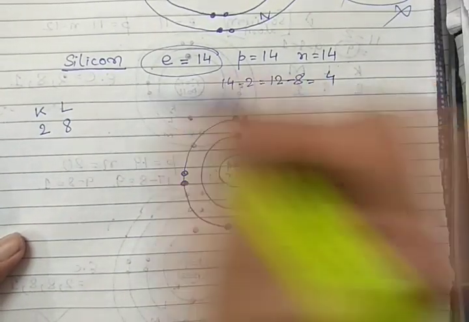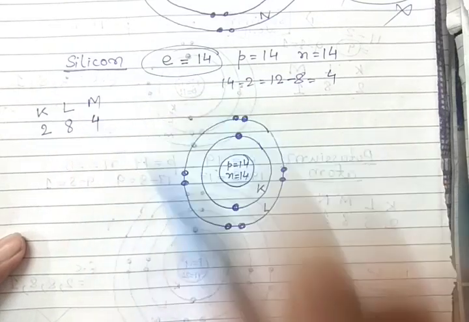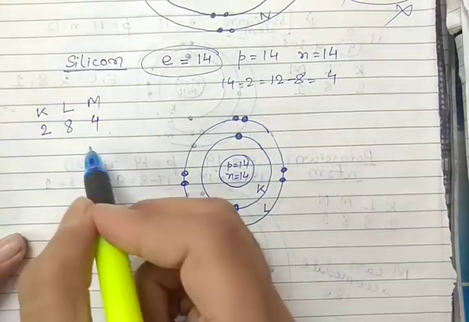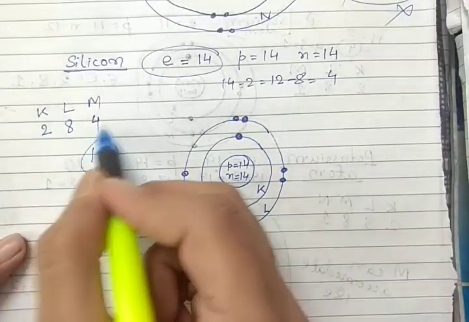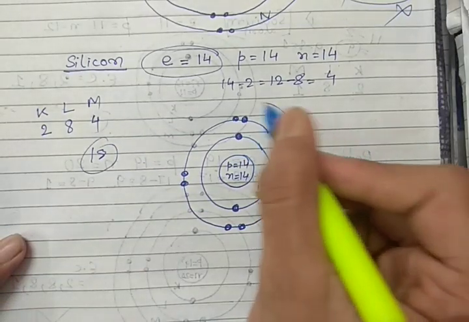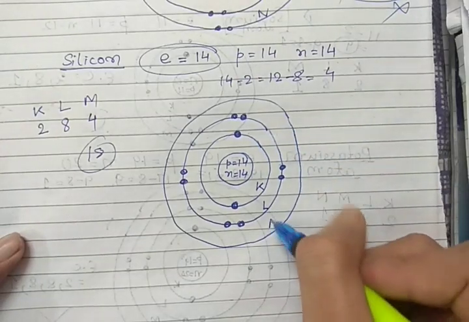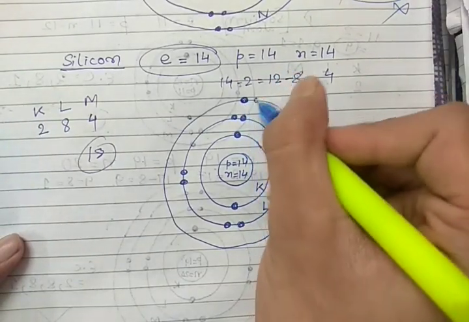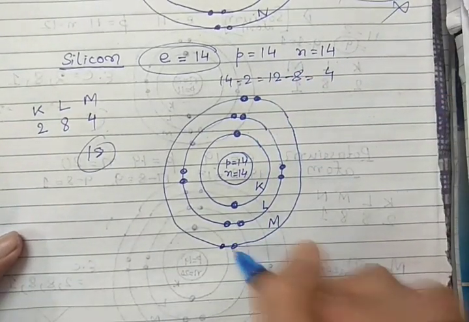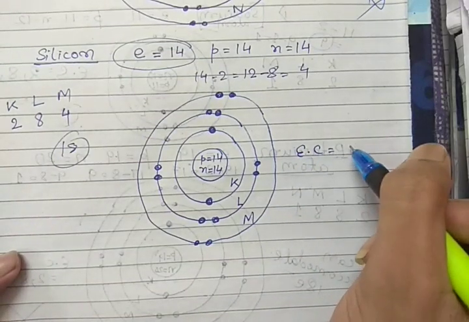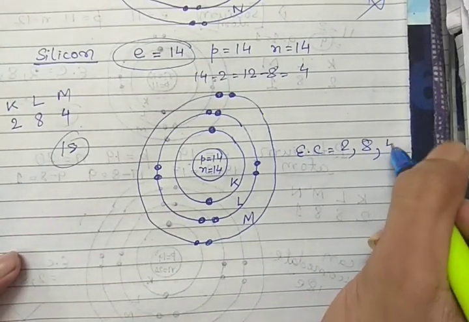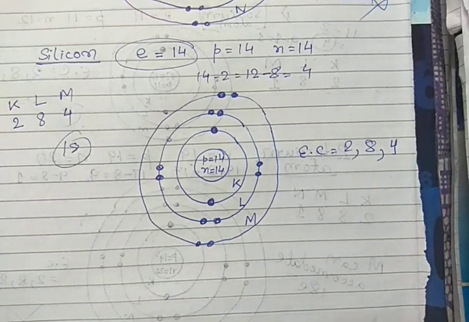The remaining will be placed in the M shell. Although it can accommodate 18 electrons, there are only 4 electrons remaining, so the M shell will have 4 electrons: 1 2 3 4. So the electronic configuration of silicon is 2 8 4.